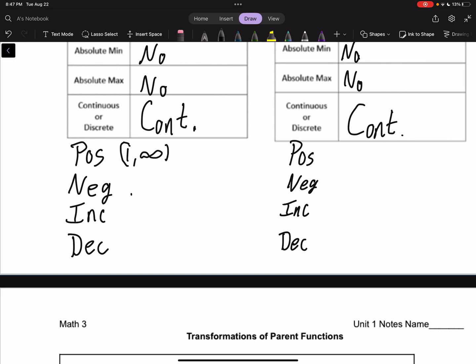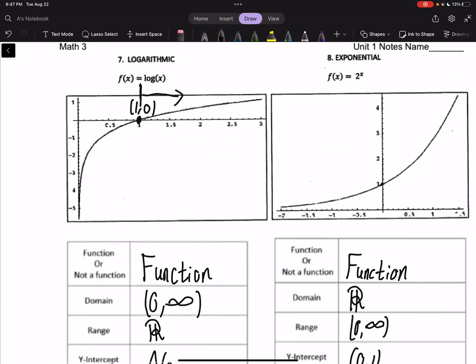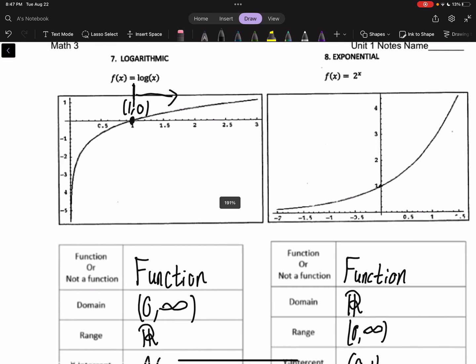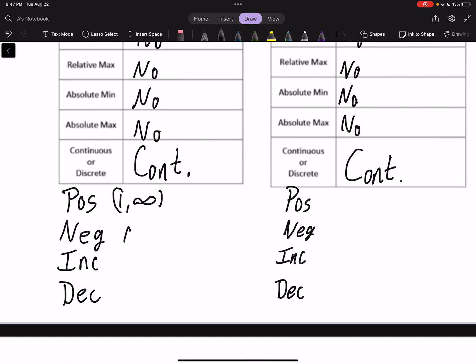It is never negative. Sorry, I was doing exponential. Logarithmic is negative from 0 to 1. Exponential is never negative.